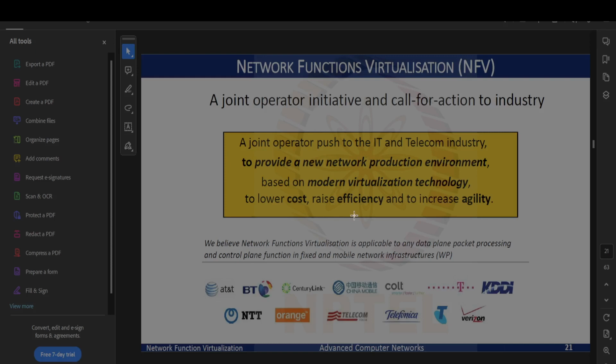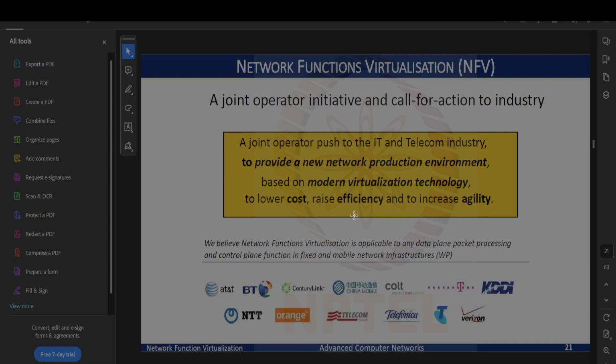Basically, when things come to the software side, we try to run a lot of things on the same server. More control and management comes in. It gives more flexibility and more control over the configuration and other aspects as well.